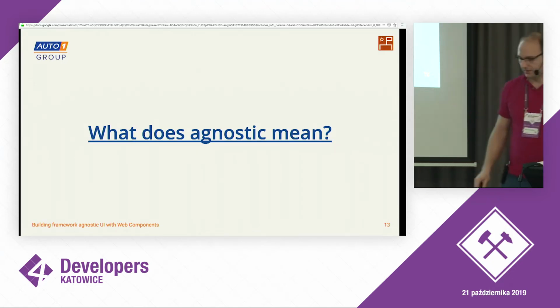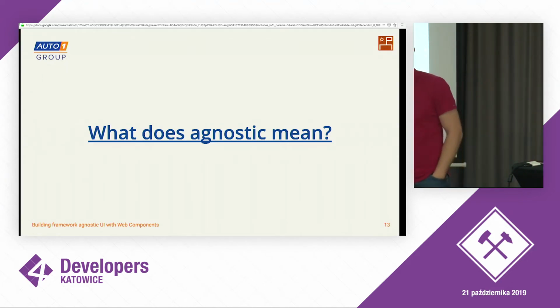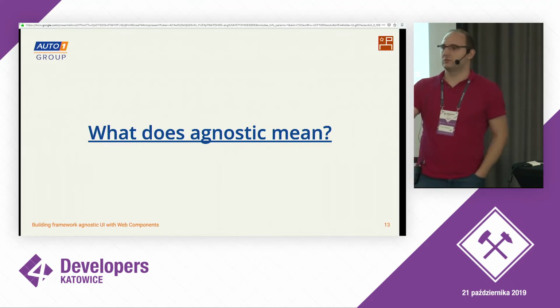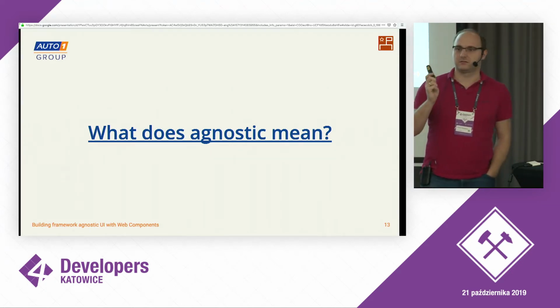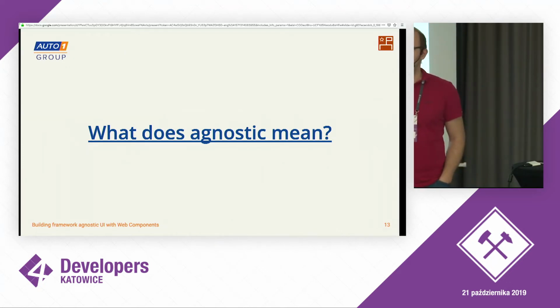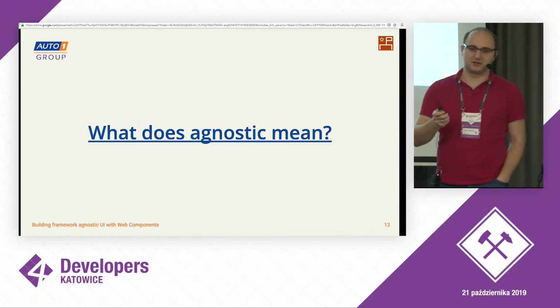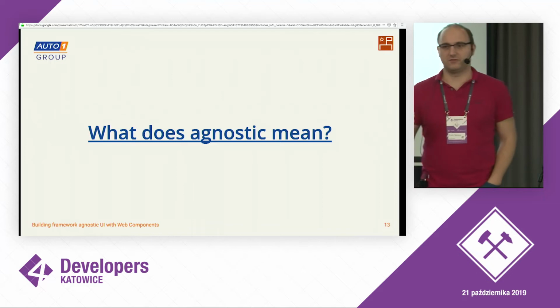So there's another part of this topic which is called agnostic. Who knows what agnostic means? Cool. So actually there are two meanings of agnostic. The first one comes from religion, which means someone doesn't believe in God.